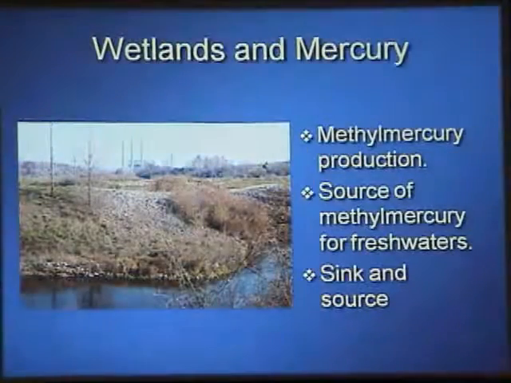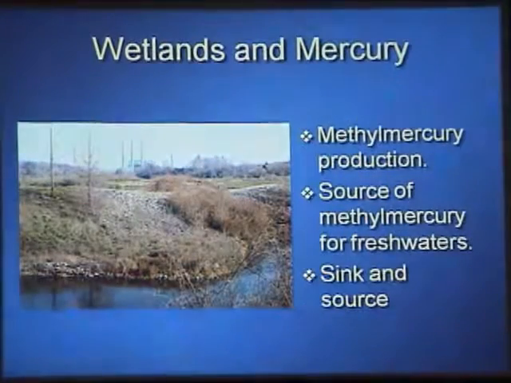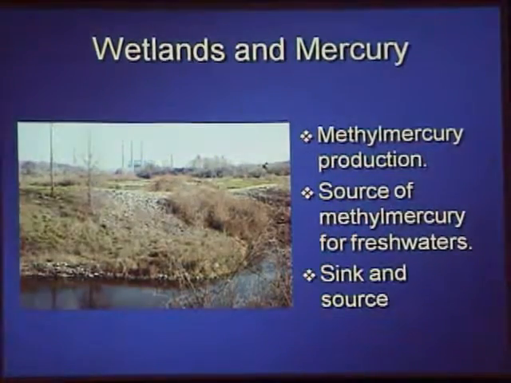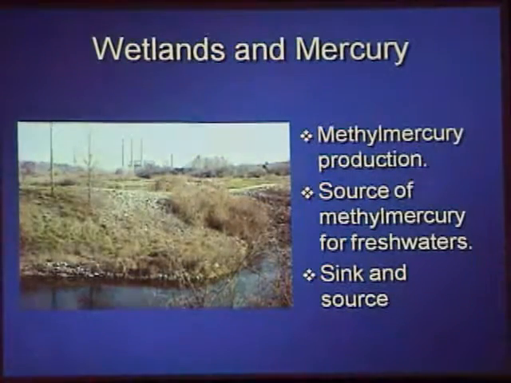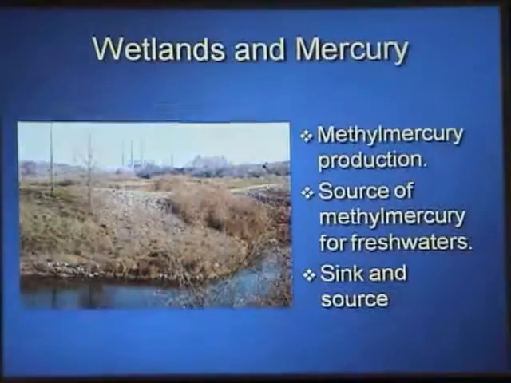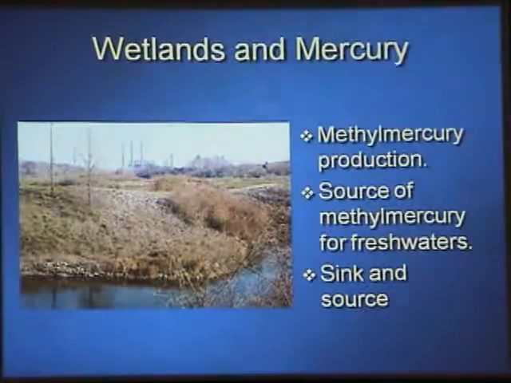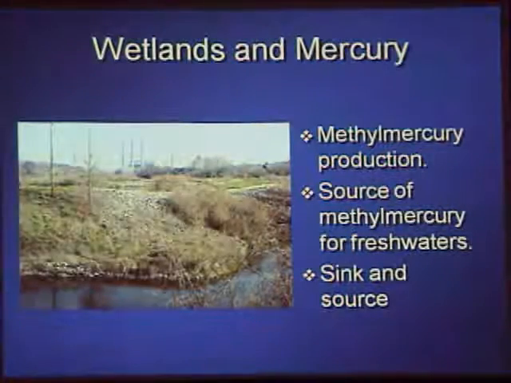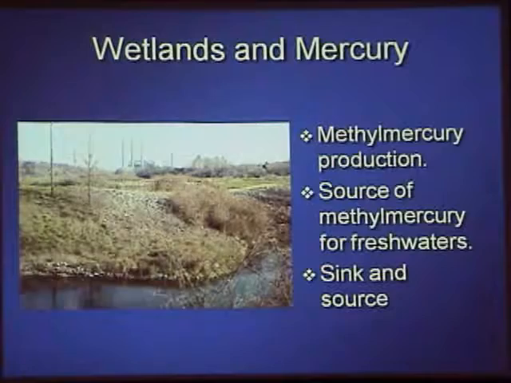We're concerned with wetlands because wetlands are the source of the methylation that's occurring in a lot of systems. The freshwater systems can be both a sink and a source. As we get atmospheric precipitation or runoff, we get mercury accumulating in the aquatic systems.